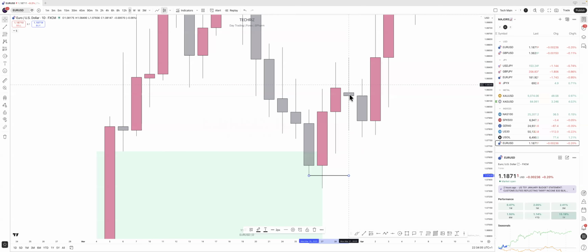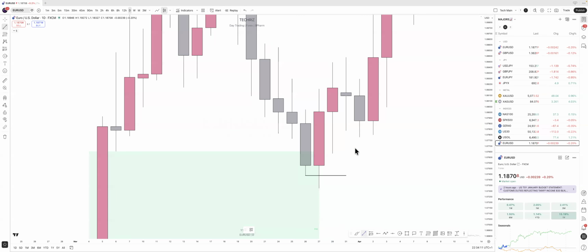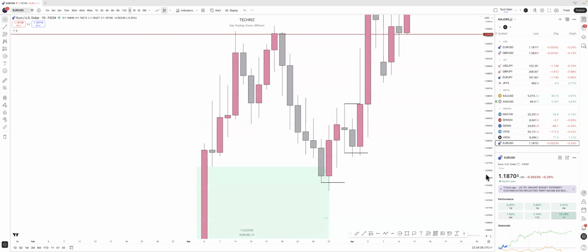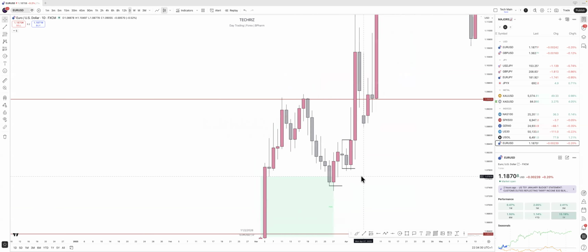Now, this is Monday again, Tuesday, low of the week, Wednesday distribution. Can you see it? Wednesday distribution. So it's also a timed entry as well.